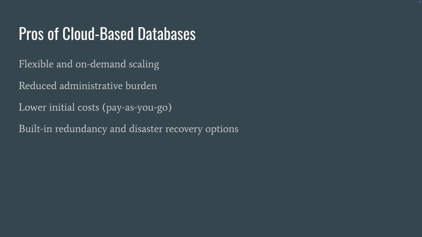And built-in redundancy. As we talked about in cons of traditional databases, it can be really difficult to implement a disaster recovery solution. But most cloud providers offer geographically distributed data centers.